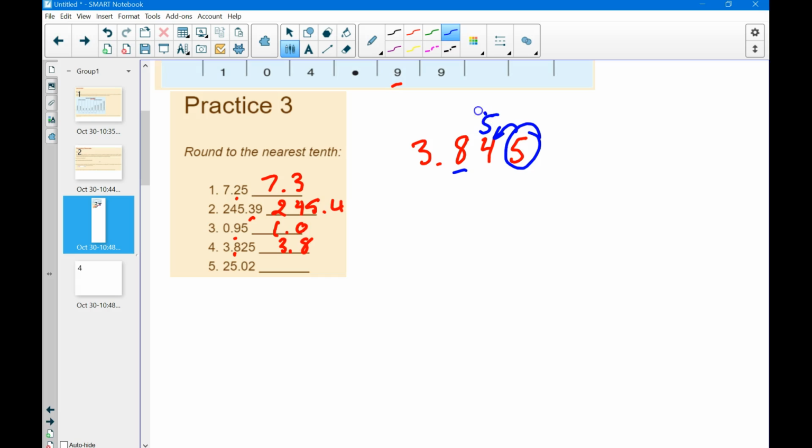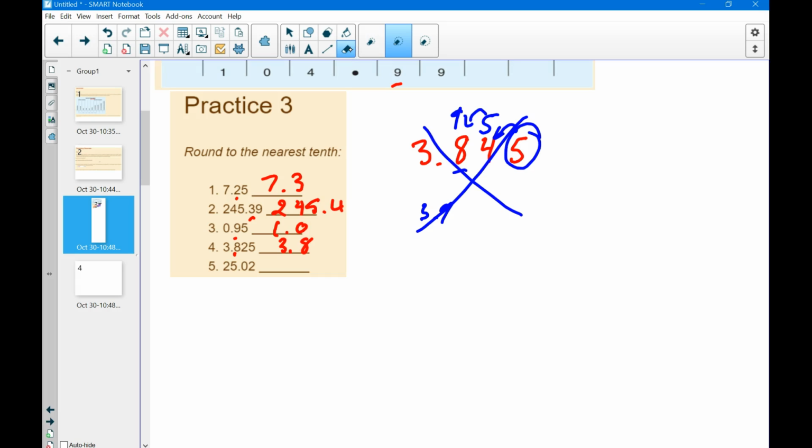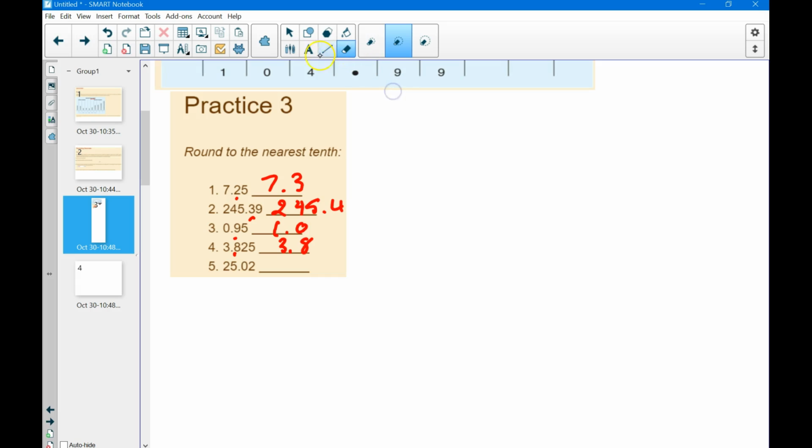Now that's a 5, so let's make this 8 a 9. So it's 3.9. No, don't do that. All you do is look at the number immediately to the right of where you're rounding off and decide whether you round up or round down. Make sense?